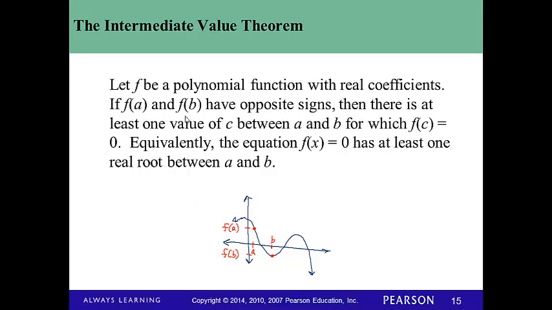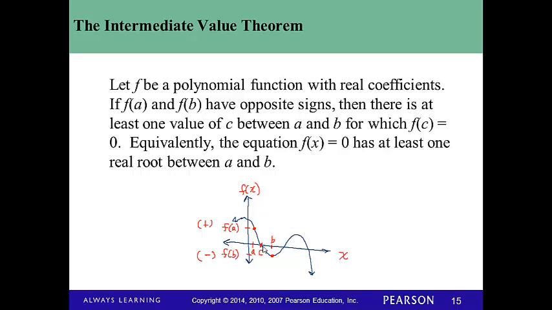So if f of A and f of B have opposite signs, this one's positive and this one's negative, then they're saying there is at least one value of C between A and B. A and B are found on the x-axis. So here's A and B, and there's at least one value of C between A and B for which f of c is 0. That position must be right there, because f of c equals 0 means you are on the x-axis.